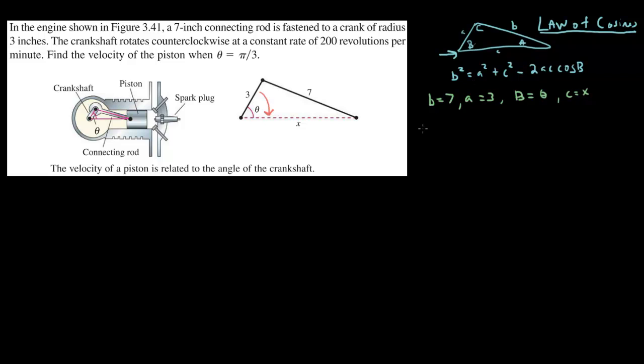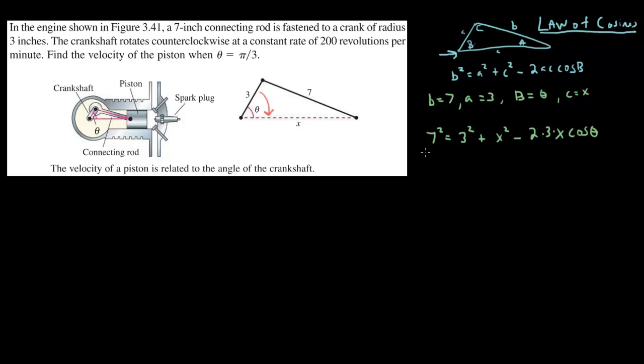Okay, so let's see here. If we substitute in here, we would get the equation that 7 squared equals, we said a was 3, so 3 squared, plus c squared, well, that was x squared, minus 2 times a times c, so that's 3 times x, times cosine, now capital B is theta, so cosine theta.